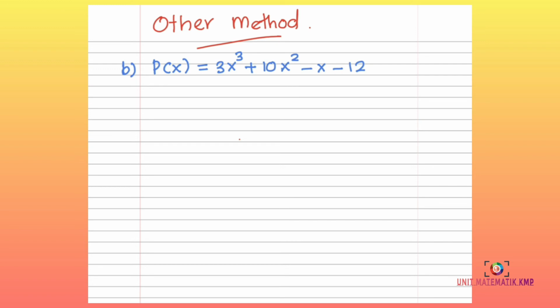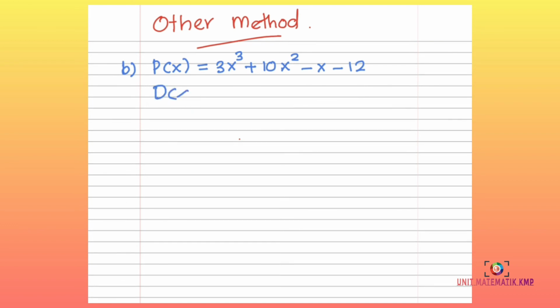do a long division. We are given p(x) is equal to 3x^3 plus 10x^2 minus x minus 12, and the divisor we are given is x^2 plus 2x minus 3. By using long division, p(x) divided by d(x).